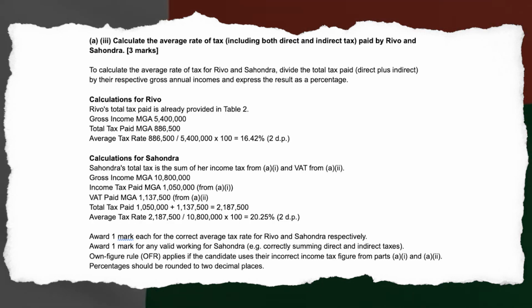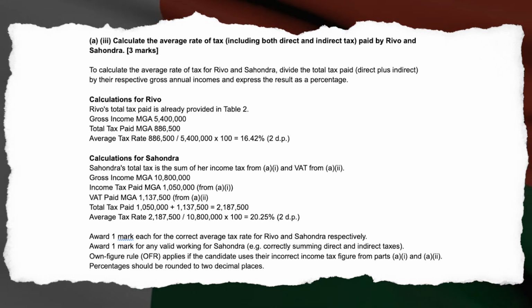A3. Calculate the average rate of tax, including both direct and indirect tax, paid by Revo and Sahandra. To calculate the average rate of tax for Revo and Sahandra, divide the total tax paid, direct plus indirect, by their respective gross annual incomes and express the result as a percentage. Calculations for Revo.